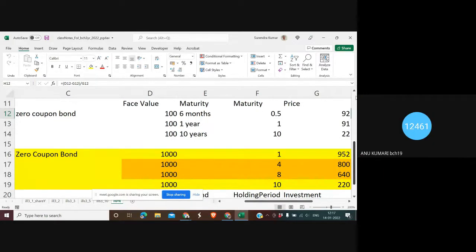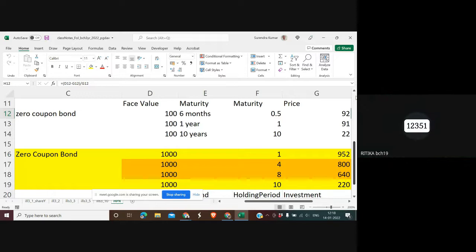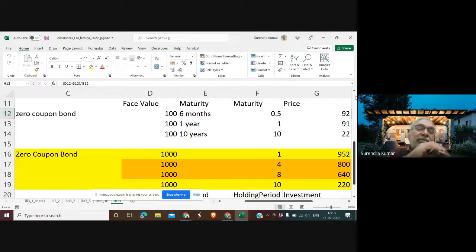Sir, zero coupon bond is a type of bond which is issued at a very low price and thus it doesn't carry any interest payable to the investor. Yeah, the second part of the characteristics is correct, but first, bonds that do not pay interest during the life of the bond, bonds which do not have any coupon.